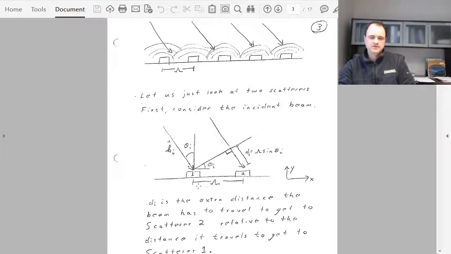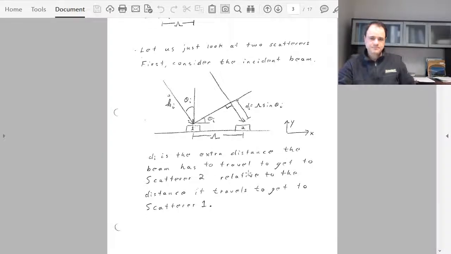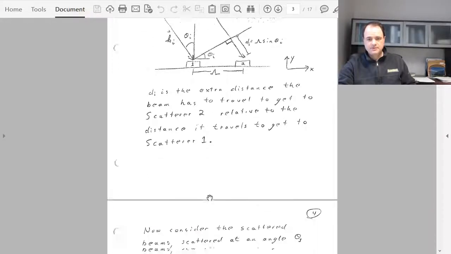This is the period, the spacing from wire to wire. So this wave has to go an additional capital lambda times sine of theta I before it reaches scatterer number 2. So d sub I is the extra distance the beam has to travel to get to scatterer 2 relative to the distance that beam traveled to get to scatterer 1. All right, so that is the incident wave.